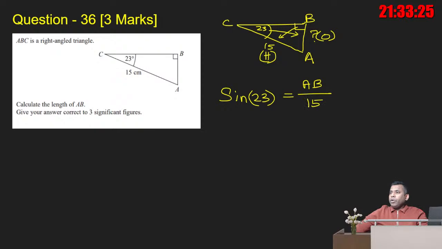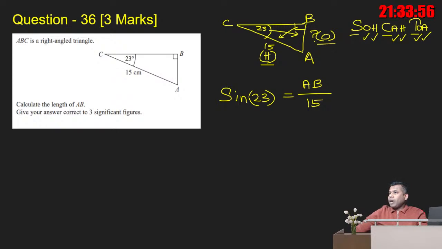Now you need to remember SOHCAHTOA. In the trigonometric equations, sine is opposite over hypotenuse, cos is adjacent over hypotenuse, tan is opposite over adjacent. So I am choosing sine. Why am I using sine? Because opposite and hypotenuse are in the question, so we don't want to think about the adjacent.